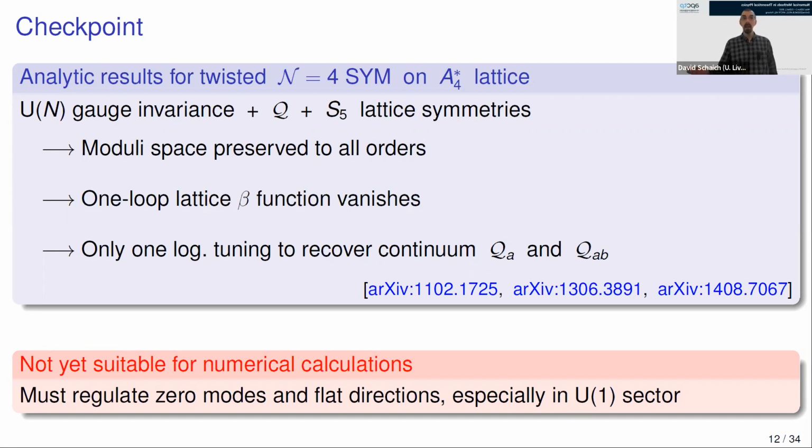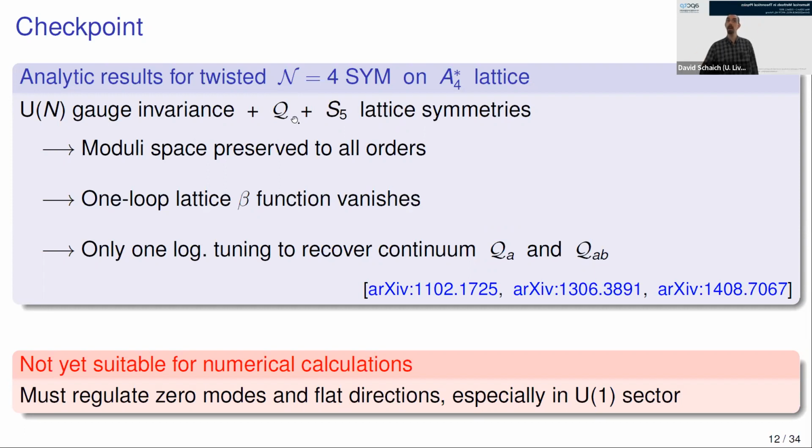But the key aspect of this formulation is the high degree of symmetry that is preserved even in discrete lattice spacetime. There is the exact U(N) gauge invariance plus an exact twisted scalar supersymmetry plus the S5 point group symmetry that is enhanced to that twisted rotation group and ensures the recovery of all the other supersymmetries.